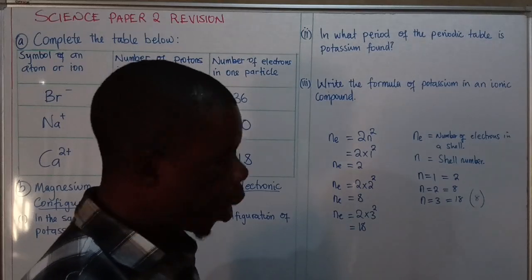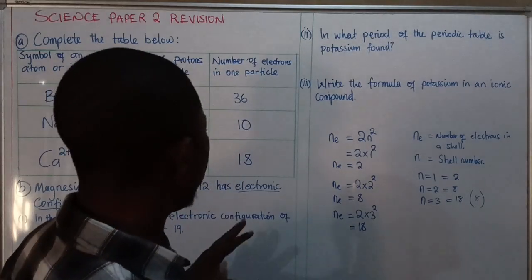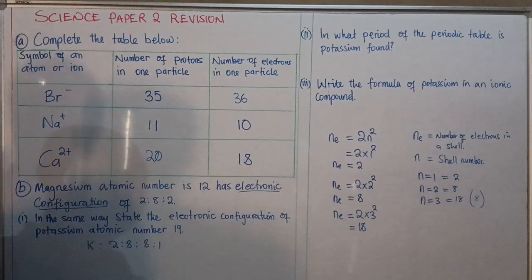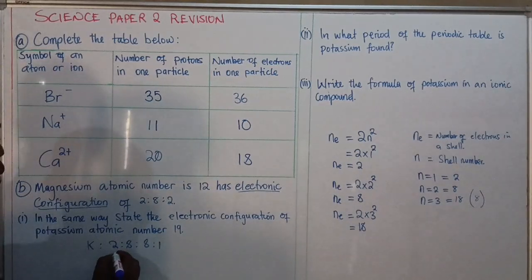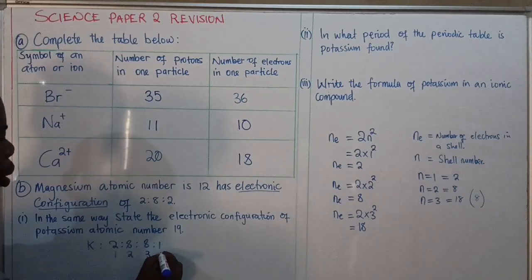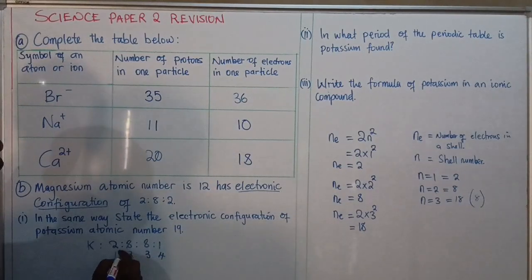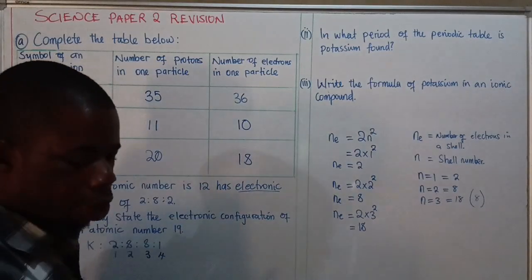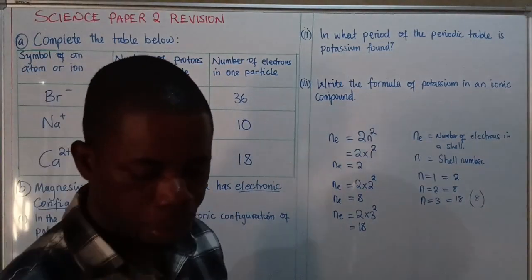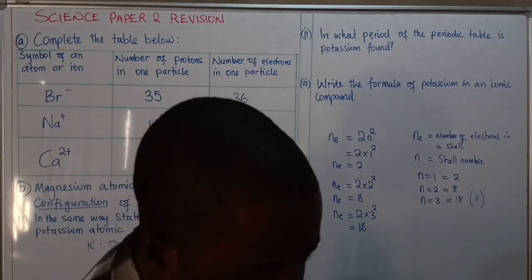These are free marks, but you must also know that the number of shells an atom has is equivalent to the period in which it is. So it has how many shells? Shell 1, shell 2, shell 3, shell 4. The number of shells an atom has is equal to the period in which it belongs.